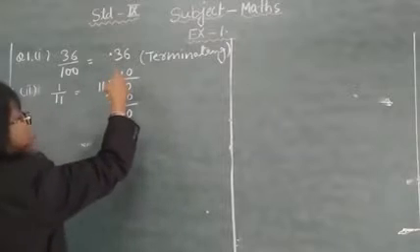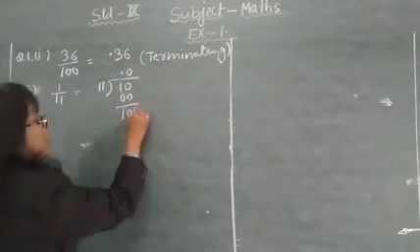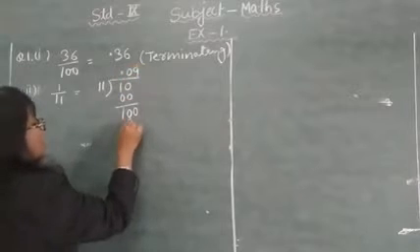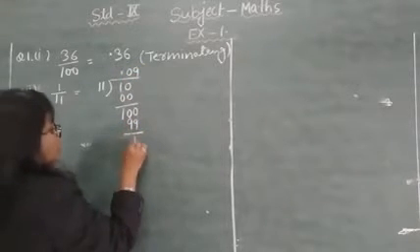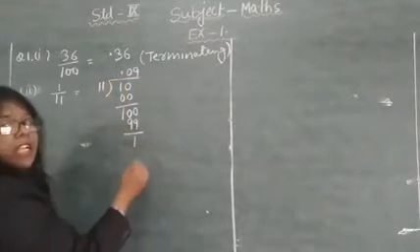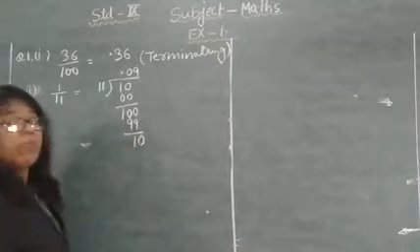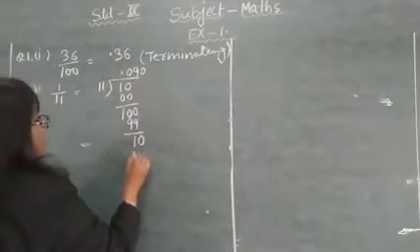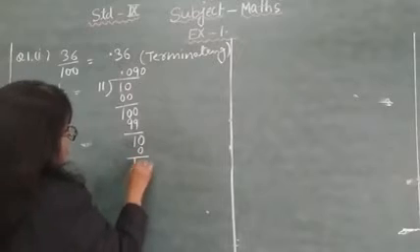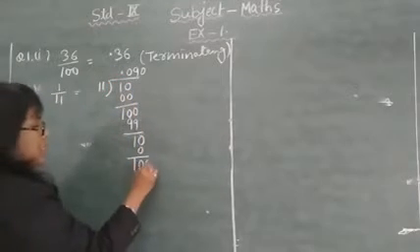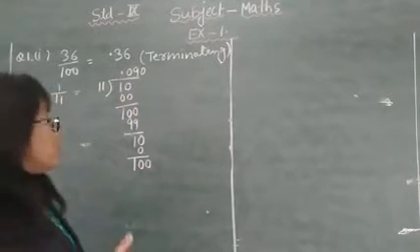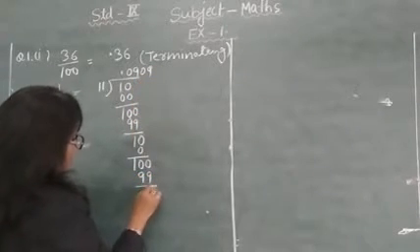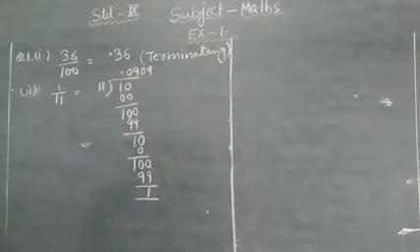Then because of the decimal, 0 will come, so 100. Now 11 times 9 is 99, remainder 1. Again 10 cannot be divided by 11, so 0, then 100, 11 times 9 is 99, and the remainder is again 1.